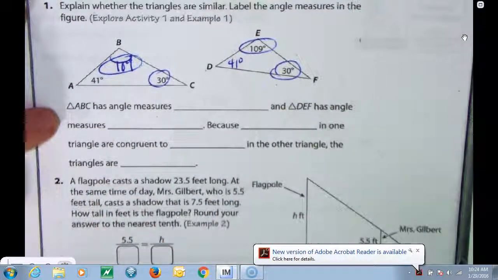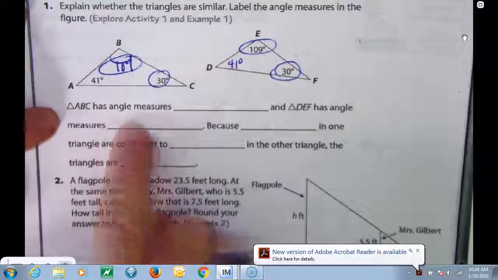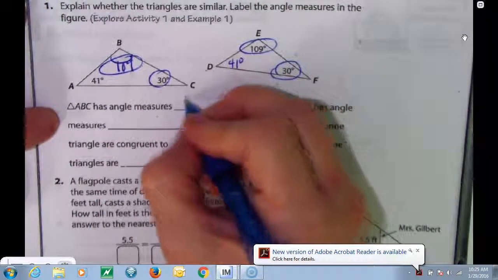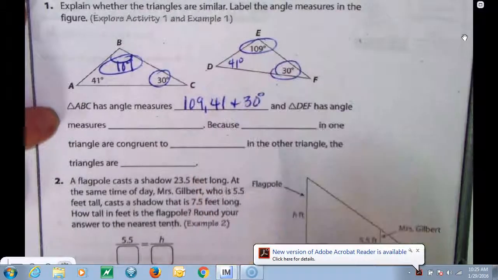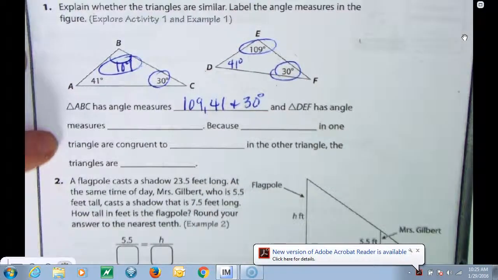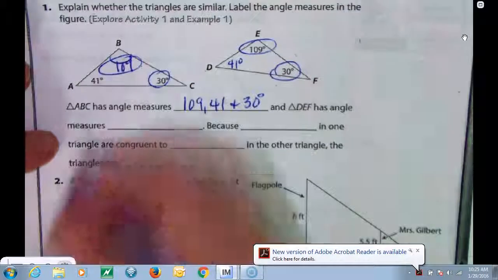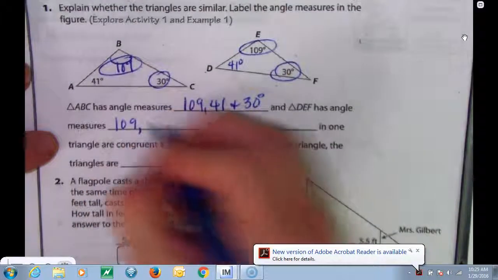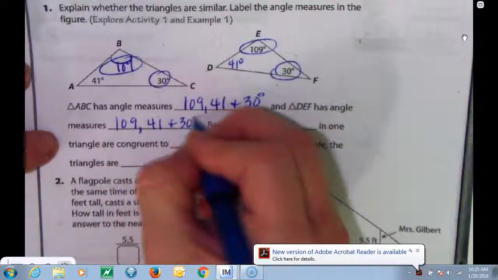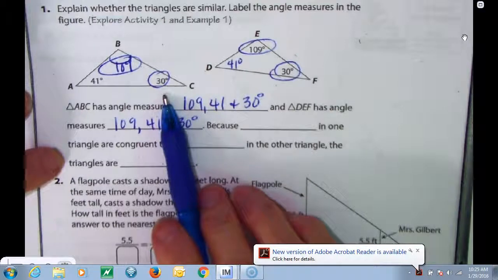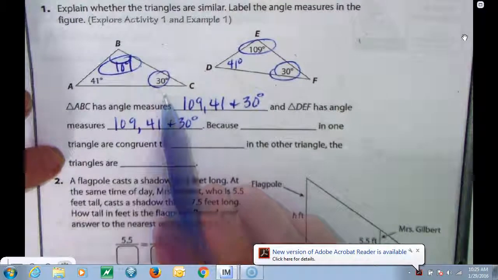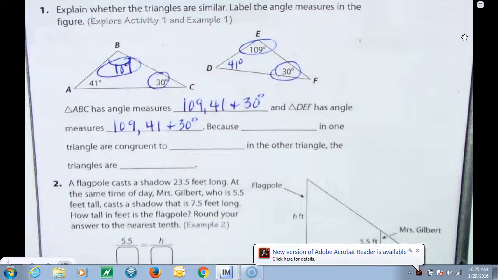Triangle ABC has angle measures of 109, 41, and 30 degrees. And angle DEF has angle measures of 109, 41, and 30 degrees. Really, there's three angles, but all we need to worry about are two of them.